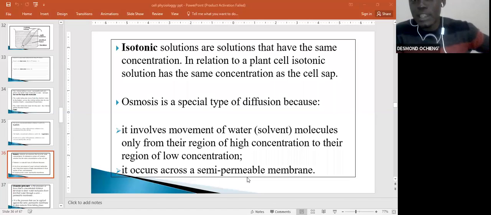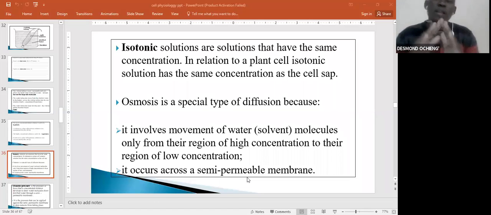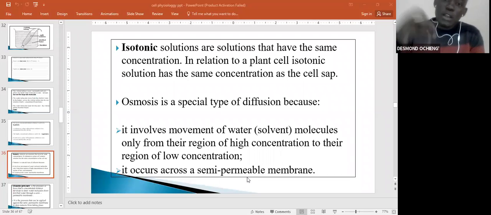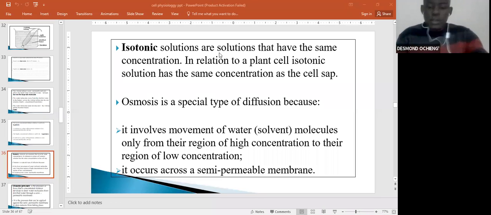It must not necessarily be water, but in some books you'll find them strictly talking about water particles. So osmosis is purely about solvent or water molecules. Now, can you use other solvents other than water in osmosis? I think I've just explained that, Vincent Kinywa. Thank you.